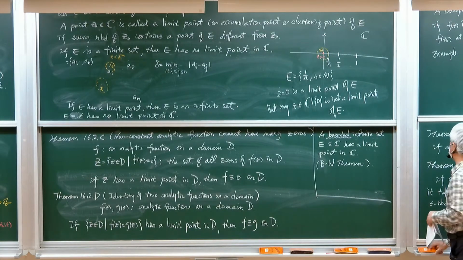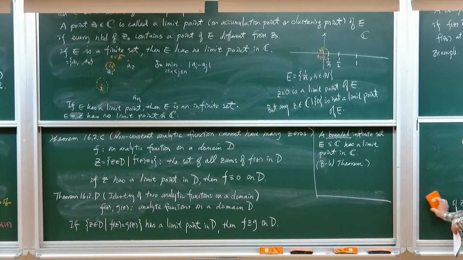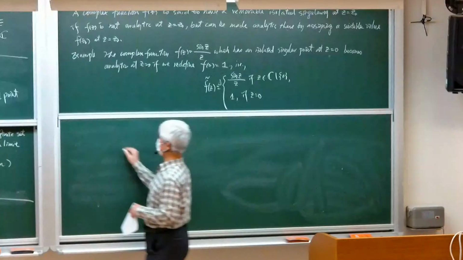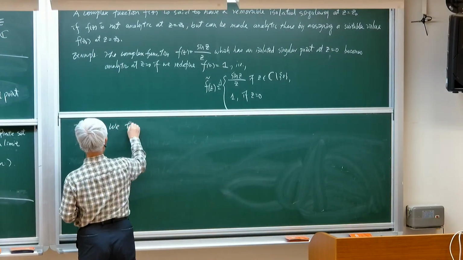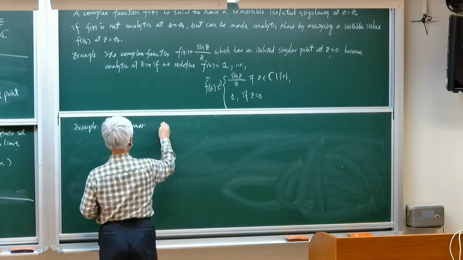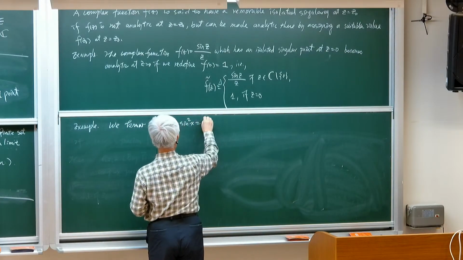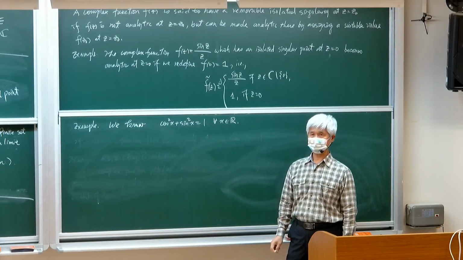So, an application. All right, so for example, we know that cosine square x plus sine square x equals 1. Okay, so we know this identity.